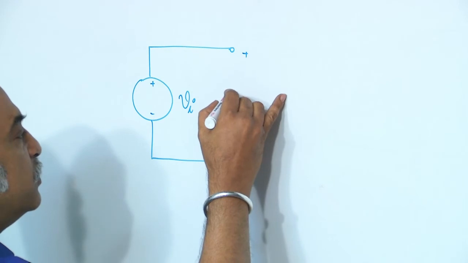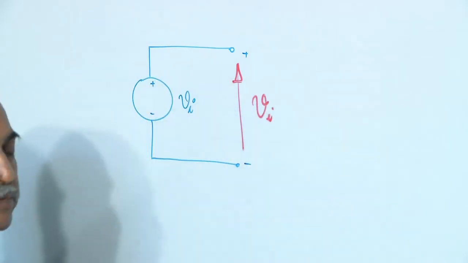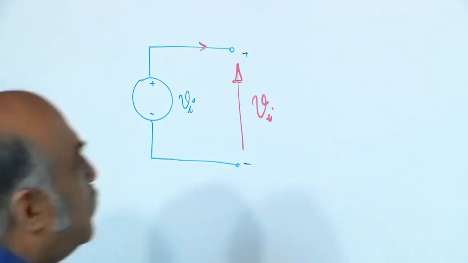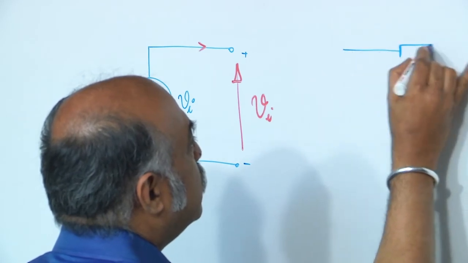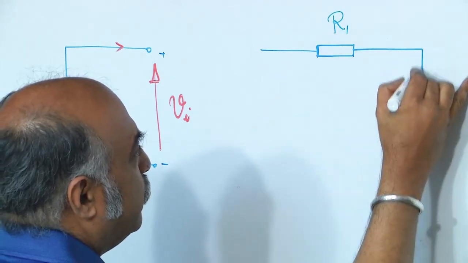So, at this terminal the voltage is defined by the source, fixed. What about the current flowing here? It is decided by something else, whatever may be connected here. Say I have this R1.